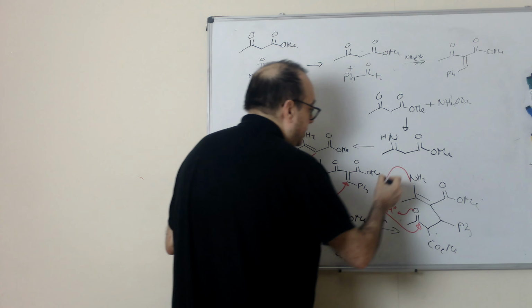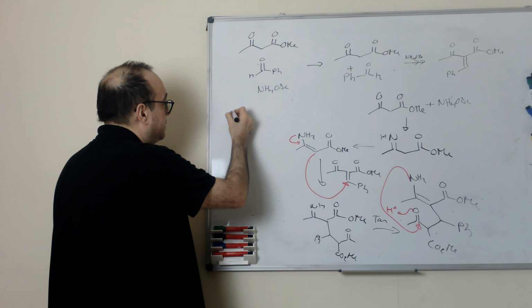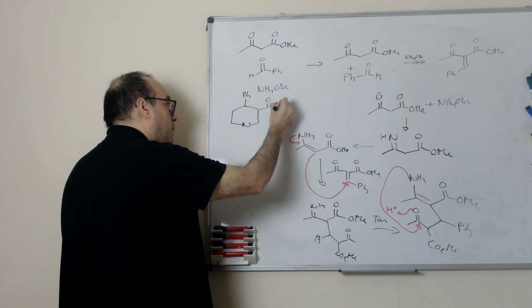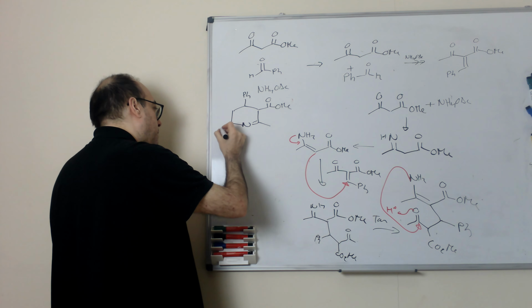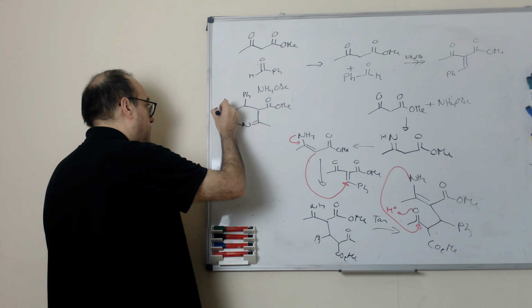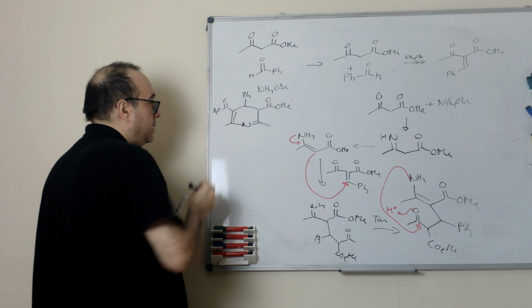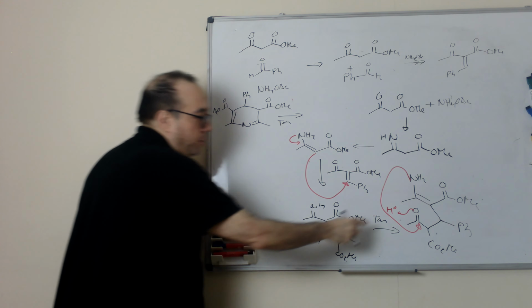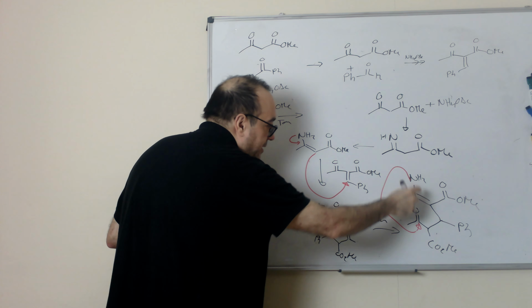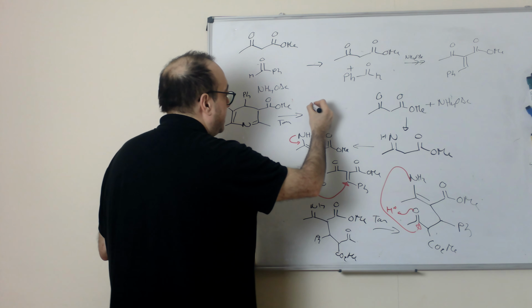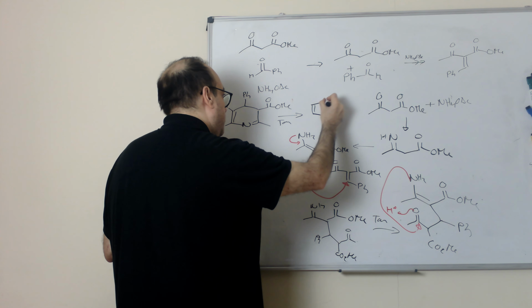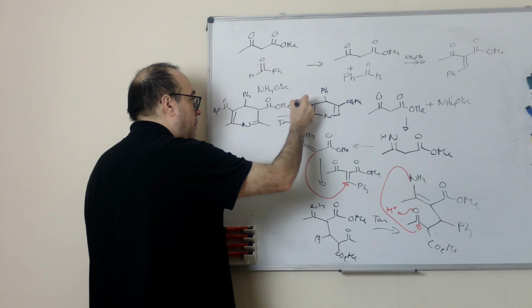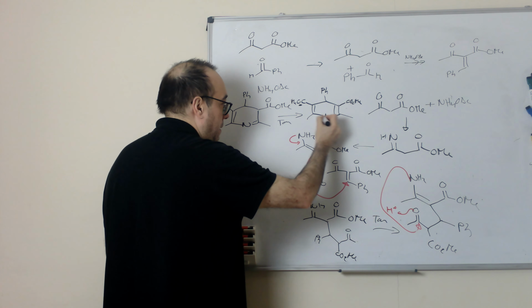And what we will form is this compound. With tautomerization imine enamine, the only other form is the enamine between this nitrogen and this carbonyl group, and now I tautomerize to get the dihydropyridine.